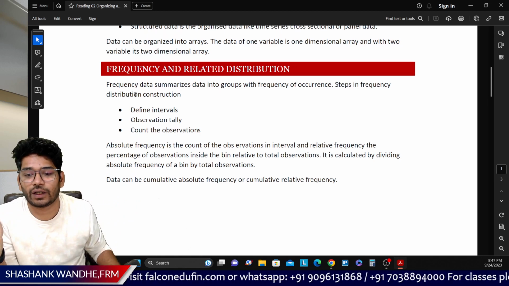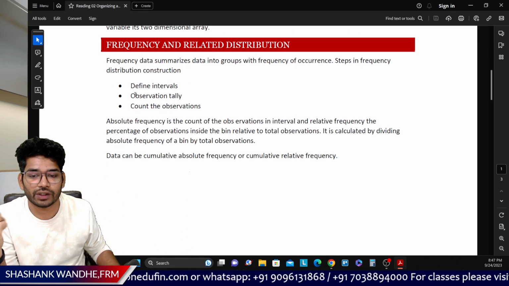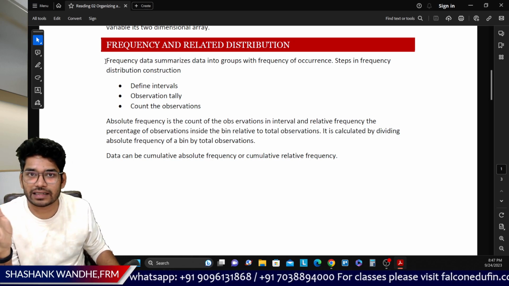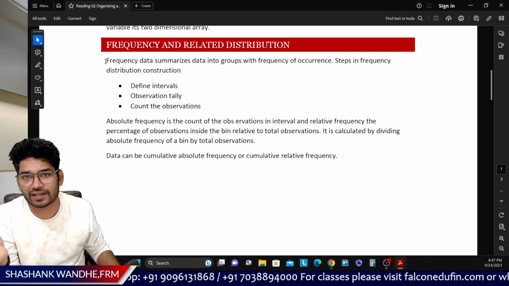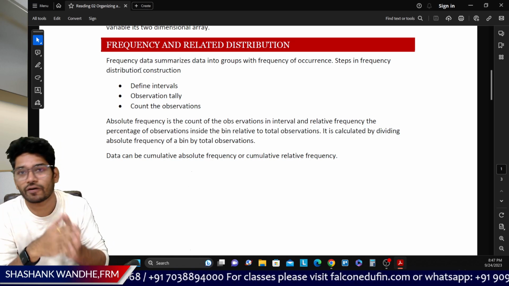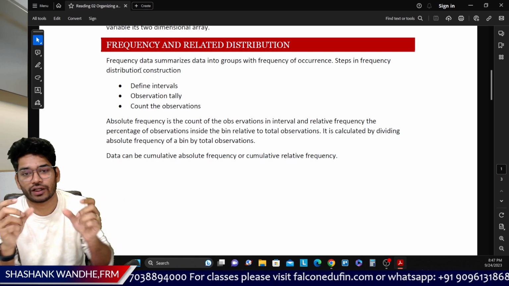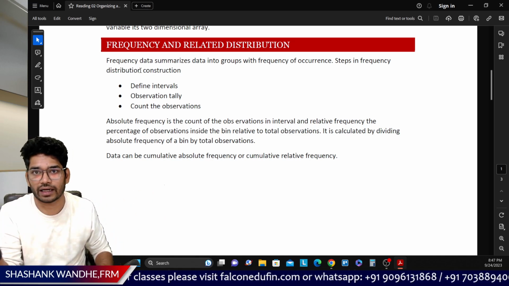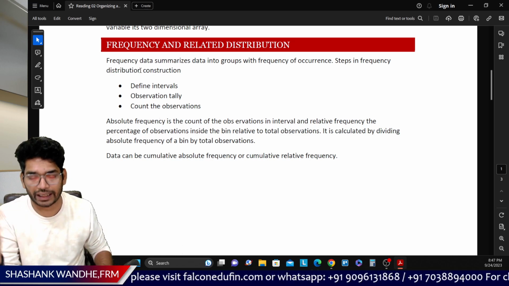Then we have the frequency and related distribution. Mainly here we have the frequency distribution discussion. Again, this is a very standard level discussion. The frequency distribution is simply the distribution of frequencies. You have data and you create bins like ranges, so from 0 to 5, 5 to 10, 10 to 15, 15 to 20 and so on.